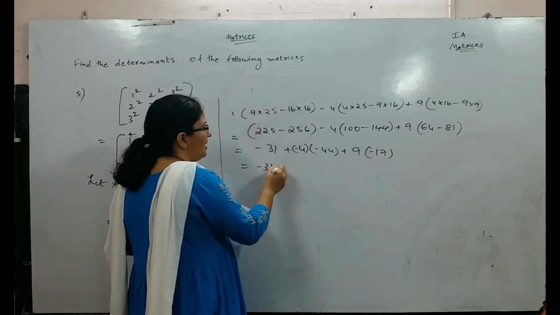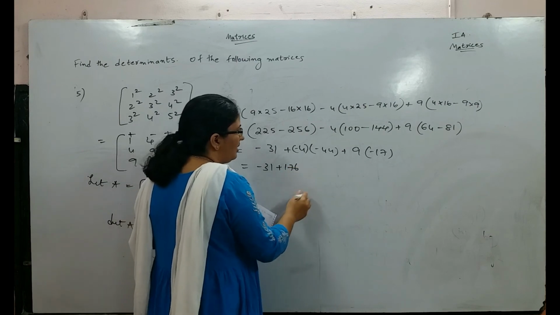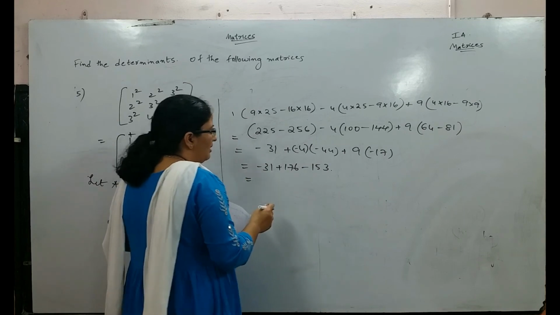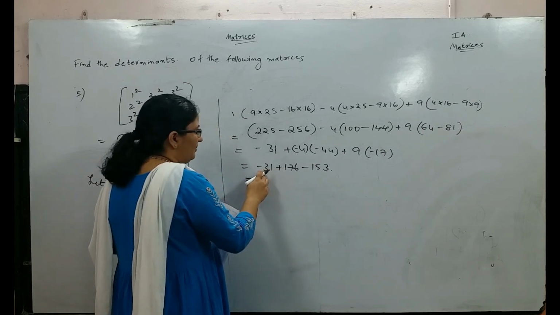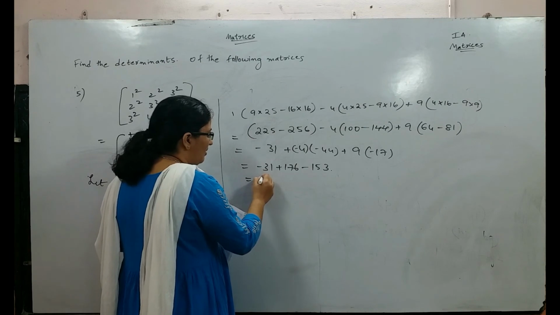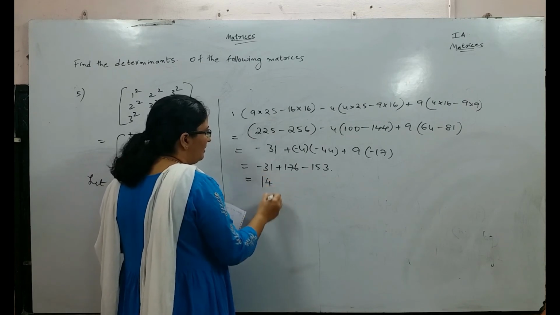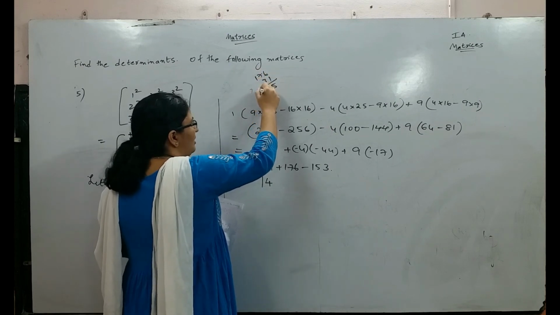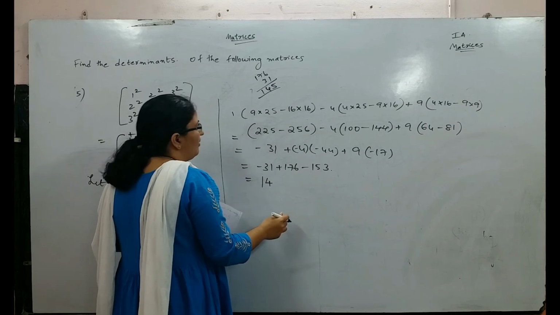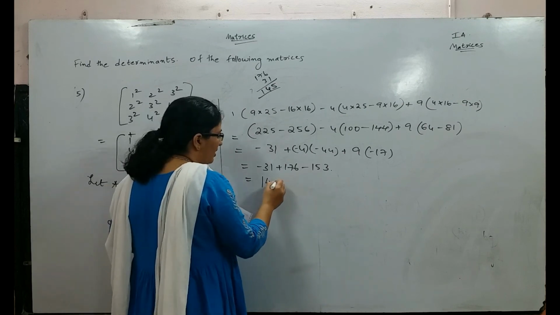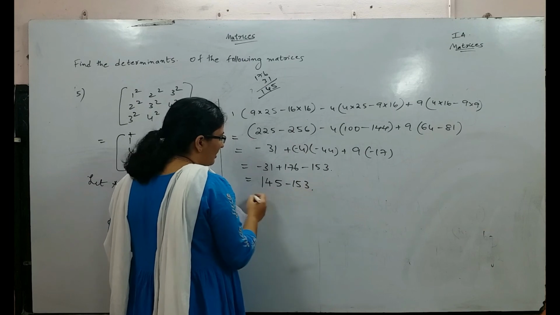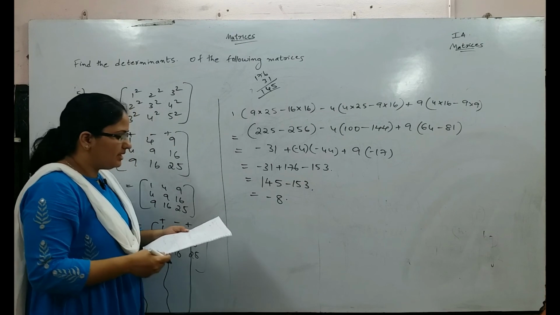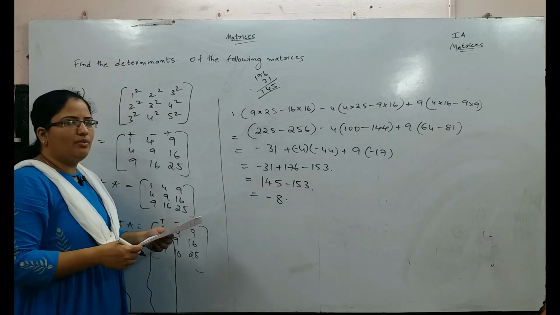So minus 31 plus 176 minus 153. 176 minus 31 will give you 145. So that will give us 145 minus 153, which is minus 8. So minus 8 is the answer for this. We shall do one more problem.